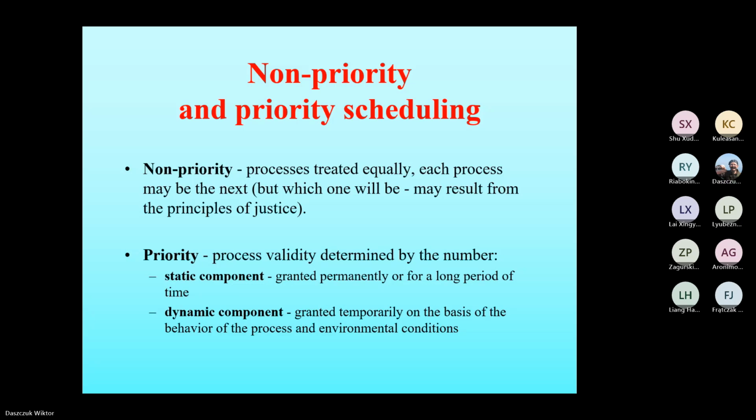Typically, it is enlarging the priority when the process waits for a resource. The longer a process waits, the higher is the priority. It's typical. However, it can be some other scheme.